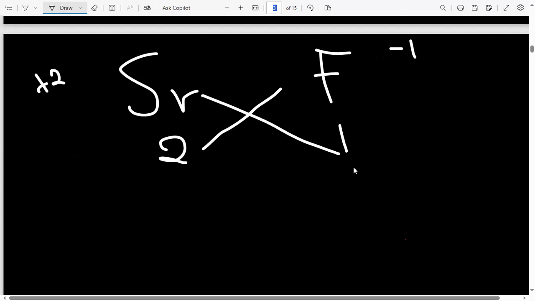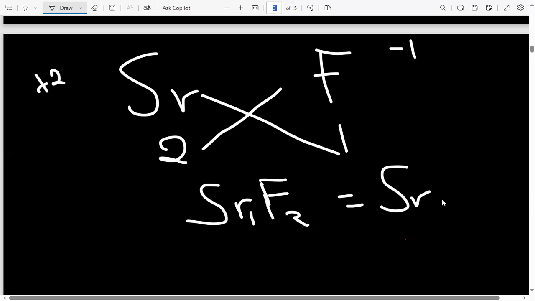The 1 for the fluorine will go to the strontium, and the 2 for the strontium will go to the fluoride. So it will be Sr1 and F2. But we don't show the 1, so our formula will just be SrF2. So this here is the chemical formula for strontium fluoride.